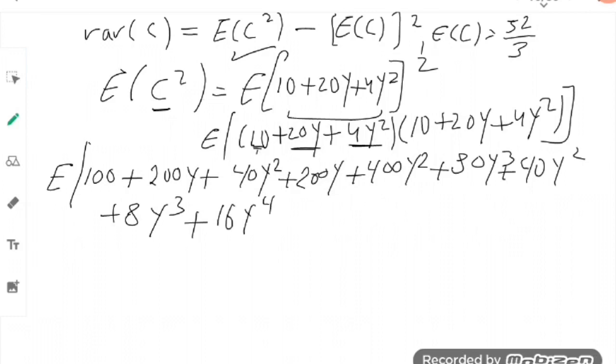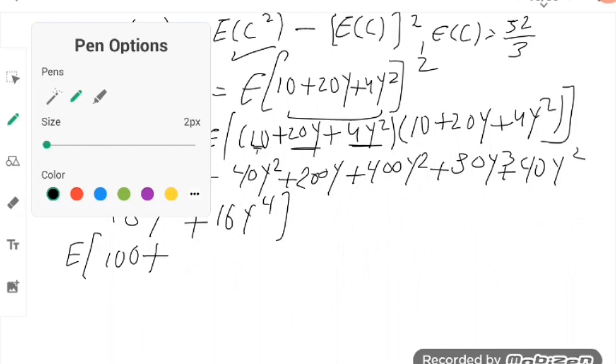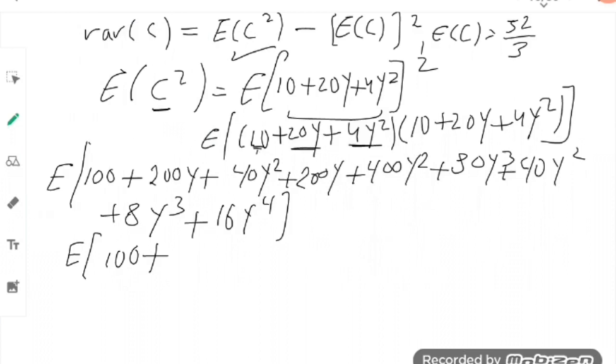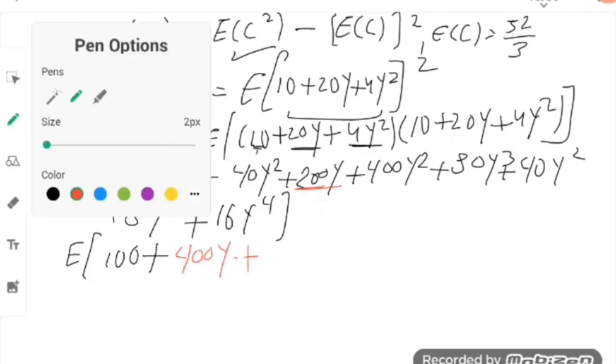And then try to add each similar y together. So we have a constant term, only 100. So at the end, this will be the expected value of 100 plus all terms multiplied by y. This is y, and here this y, and again we don't have any other y, so this will be 400y plus y to the power 2.